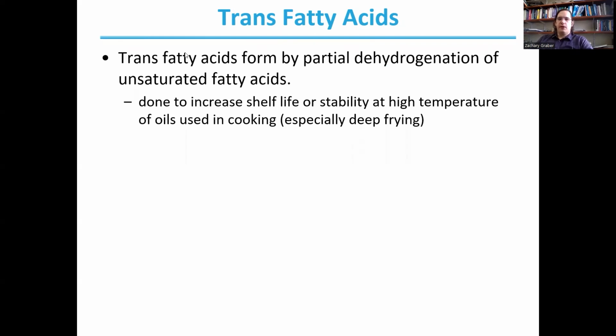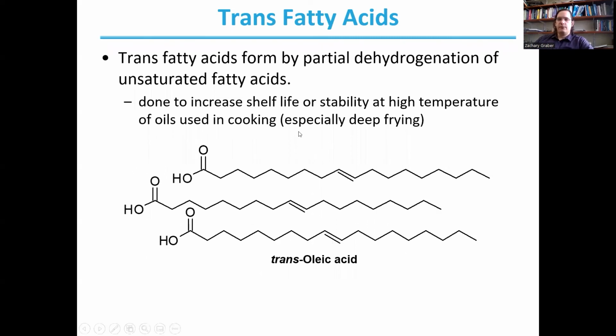So our double bonds are always in that cis conformation with both of our bonds pointing in the same direction. So what about trans fatty acids? Well, trans fatty acids, of course, would be fatty acids with our unsaturated double bond in the trans configuration. So notice how our two bonds are pointing off in opposite directions from our double bond.